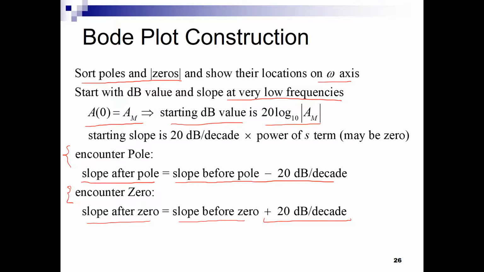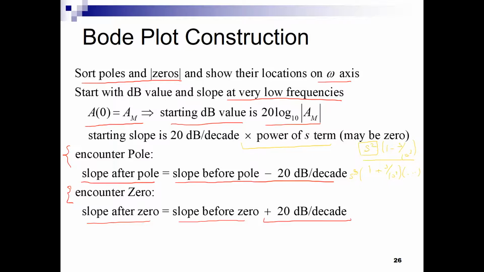If my transfer function was s squared times 1 minus s over 10 to the 3 over 1 plus s over 10 to the 4, for example, times some other terms, then because I have only s, this means it's a 0 at 0, or if I had in the denominator s to the power something, either or, okay, then the total power of s times 20 dB is the starting slope.